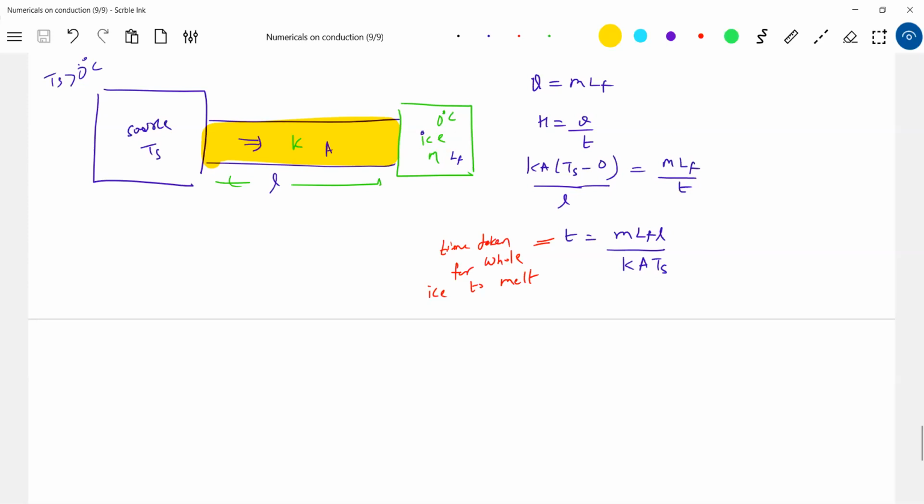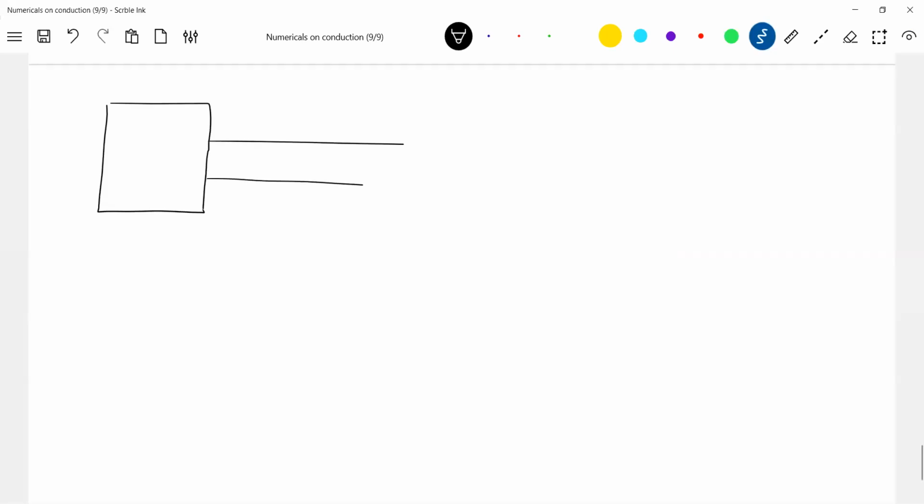Next, shall we take a situation where both the ends of the rod are connected to bodies? M1 S1, temperature T1, and M2 S2, temperature T2. This is a thermal conducting rod. This is insulated.